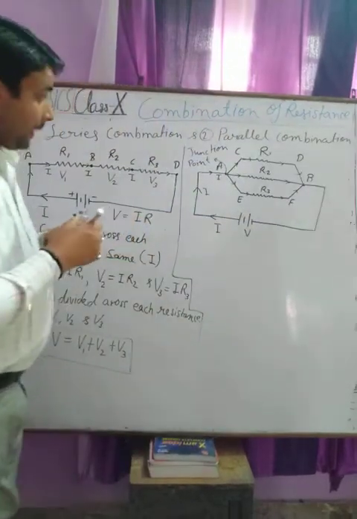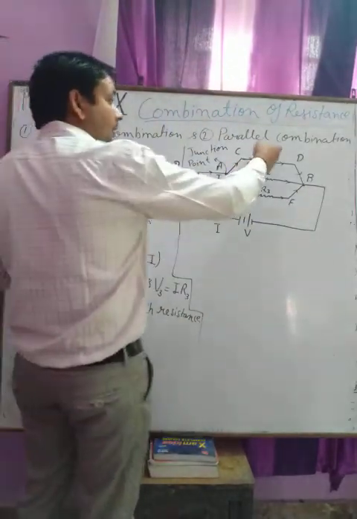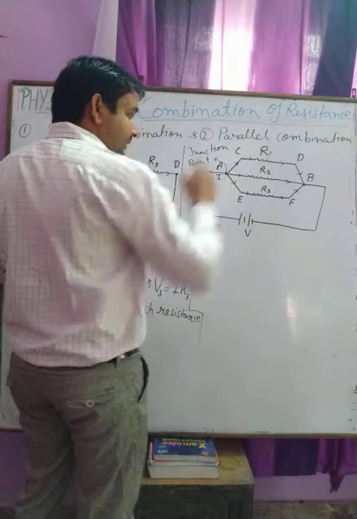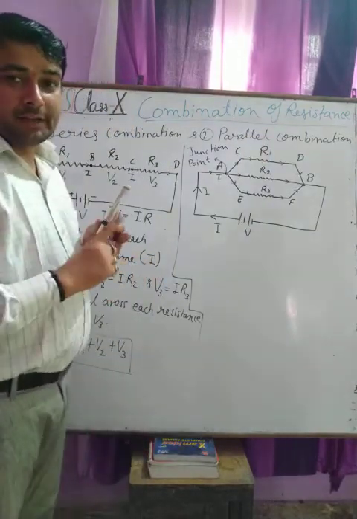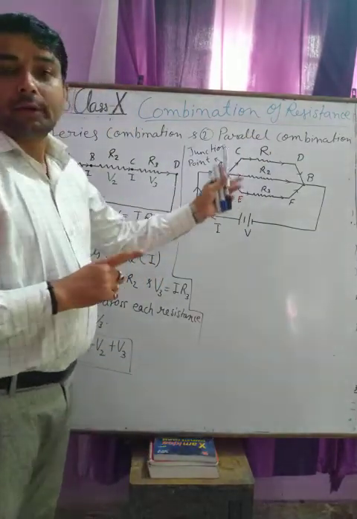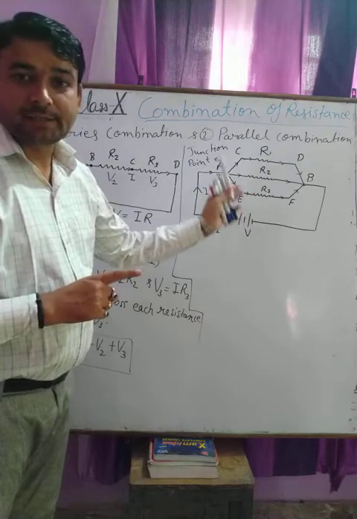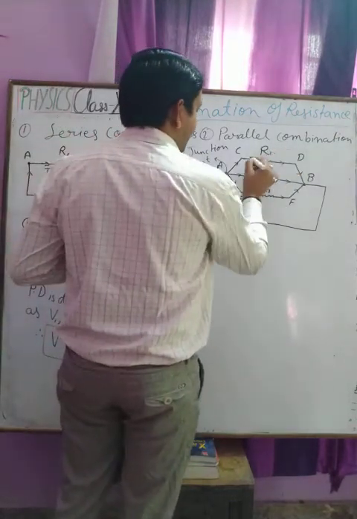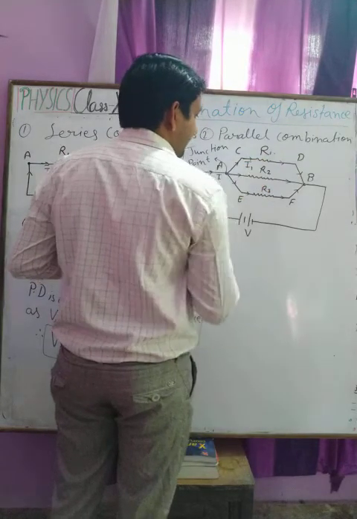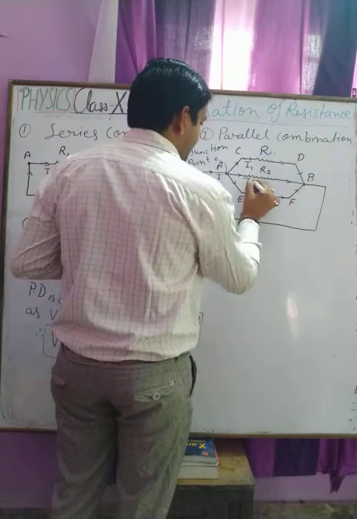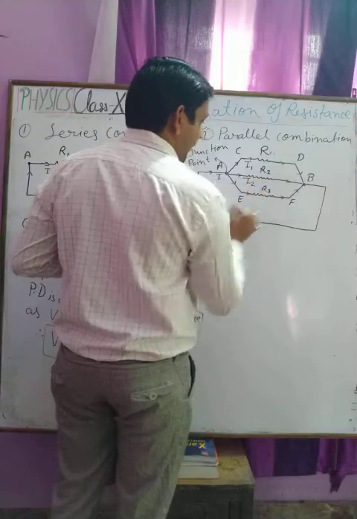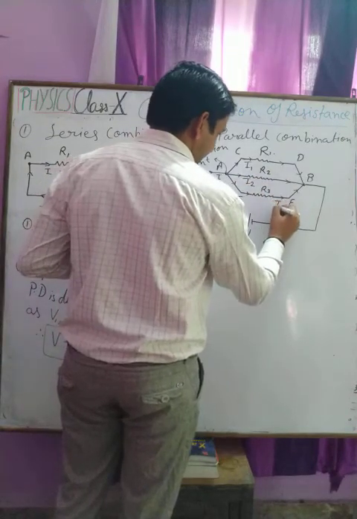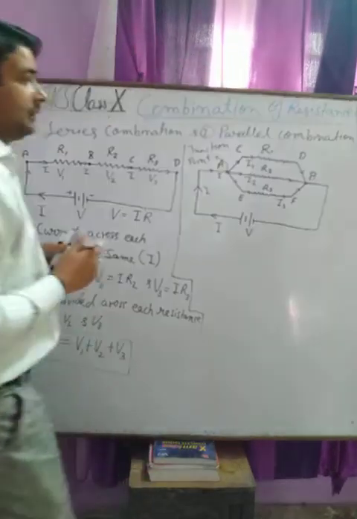So because of different resistances, the current drawn through each individual resistance is also different. For R1 we take the current I1, for R2 we use the symbol I2, and for R3 we use I3.